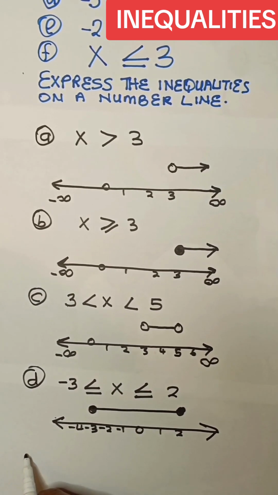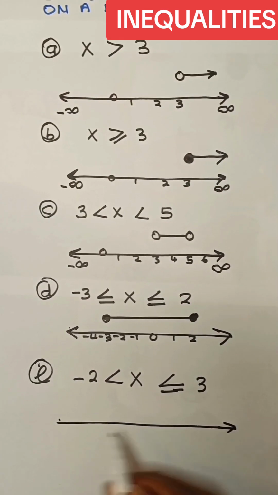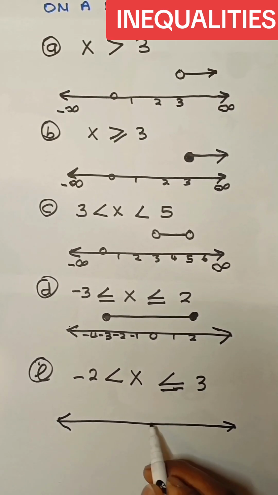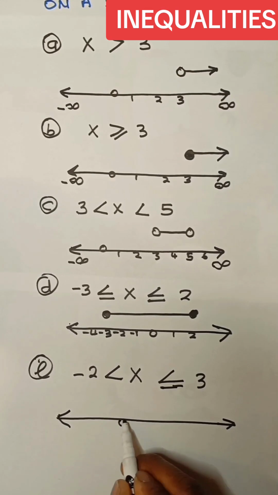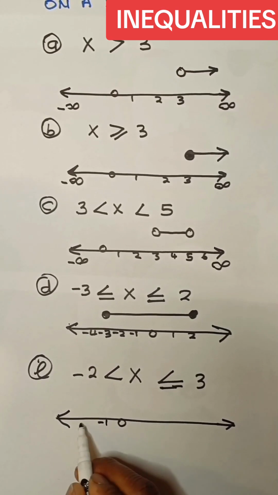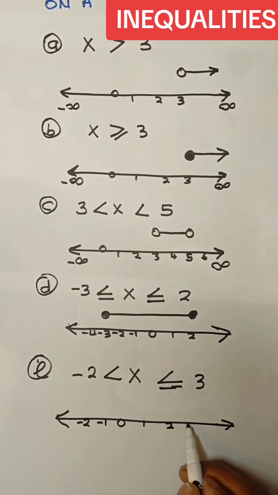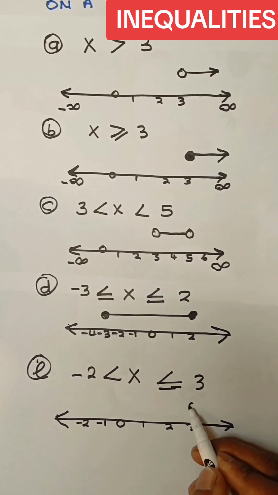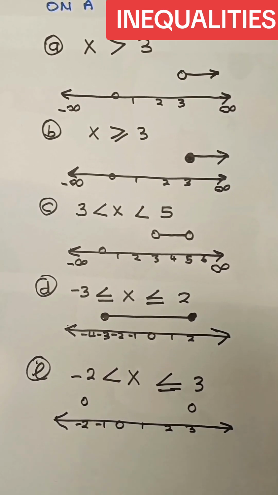Then we go to E, another number line, and let's say this is our 0, and this is minus 1, and this is minus 2. Let's say this is 1, 2, 3. Okay, so this is 3. So we draw a circle on top of 3, and we draw a circle on top of minus 2.